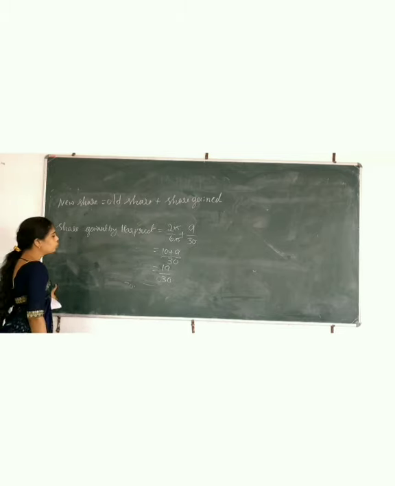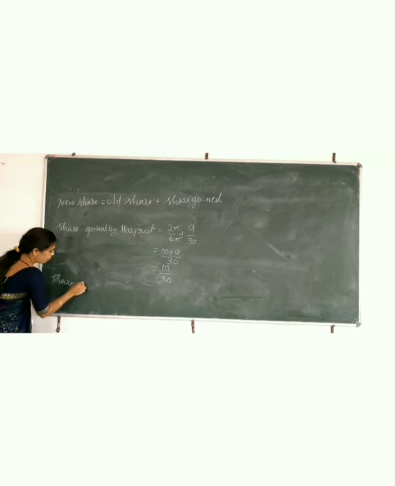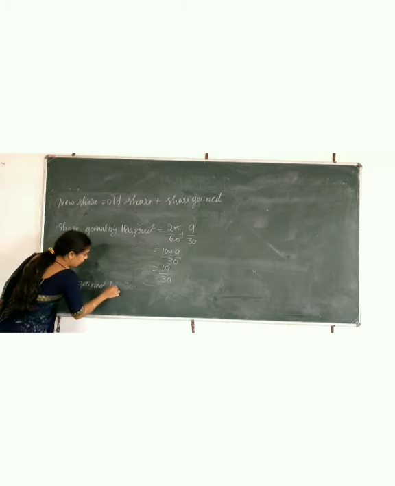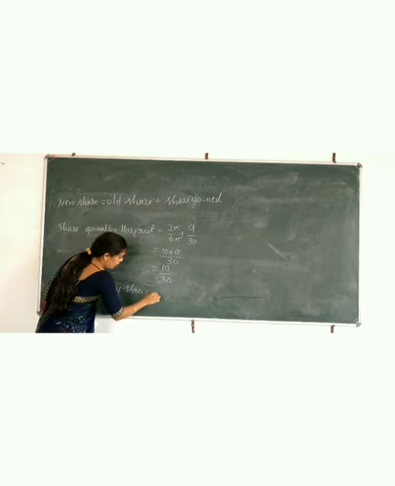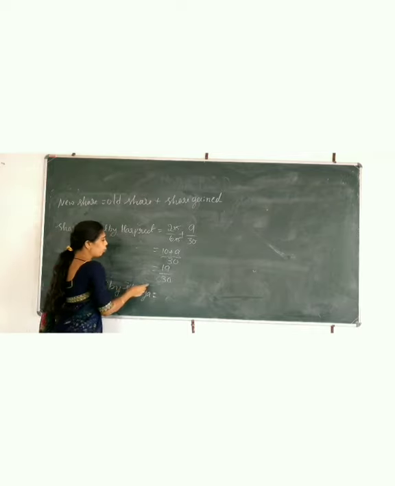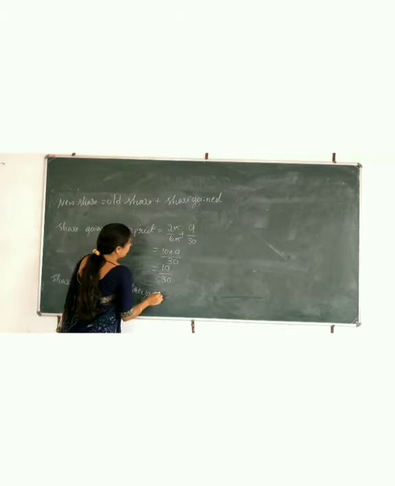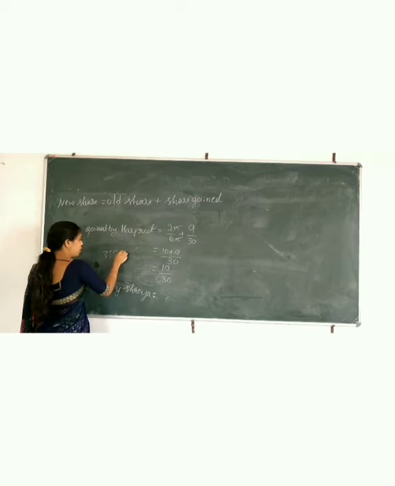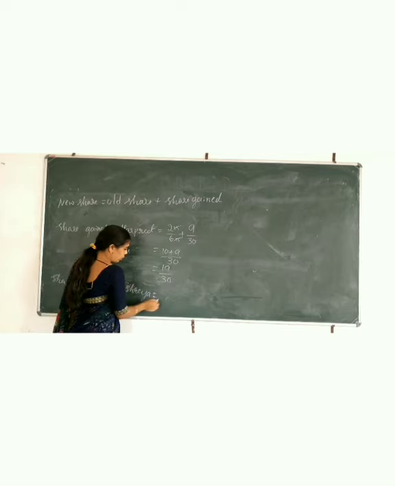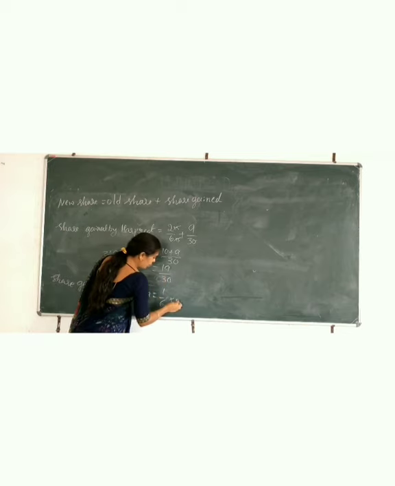Now I calculate the share of Shreya. Shreya's new share is equal to Shreya's old share. How much? Old share is 1 by 6, as per 3 is to 2 is to 1. So 1 by 6 plus the share gained by Shreya, that is 6 by 30.